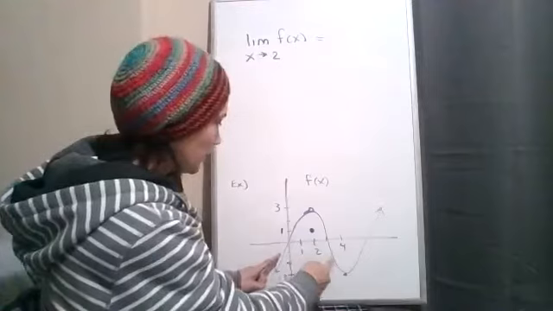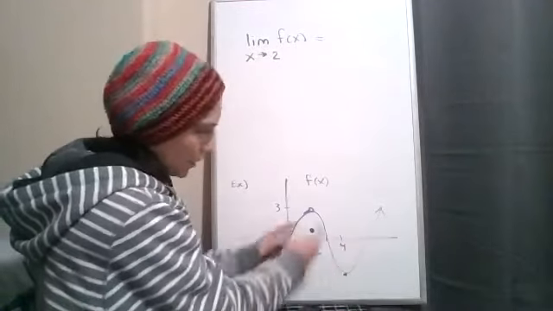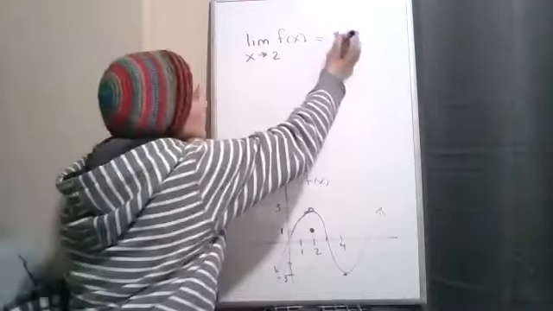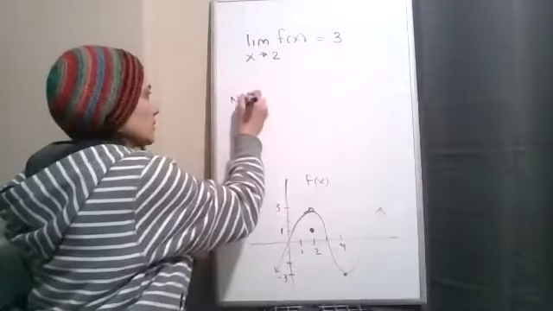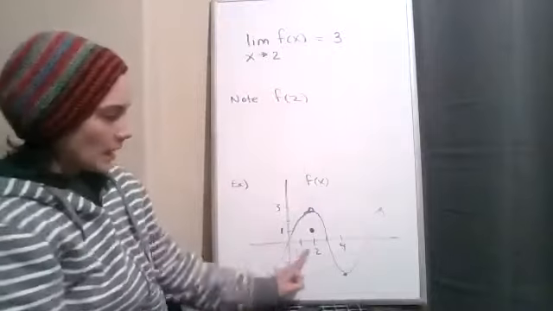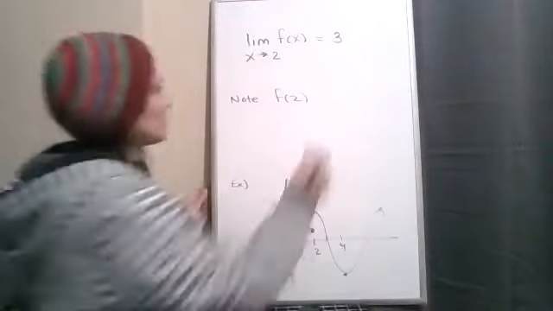So as your inputs go to 2, your outputs approach 3. And then we'll put a note: f of 2, the output for 2, is actually 1. Not the same as the limit, but that's okay.